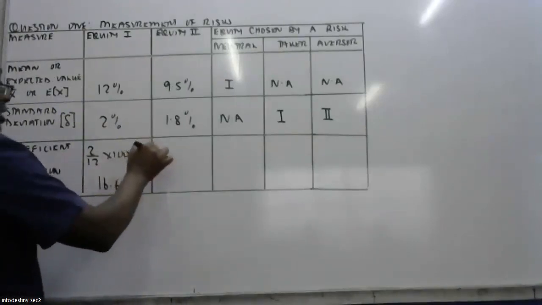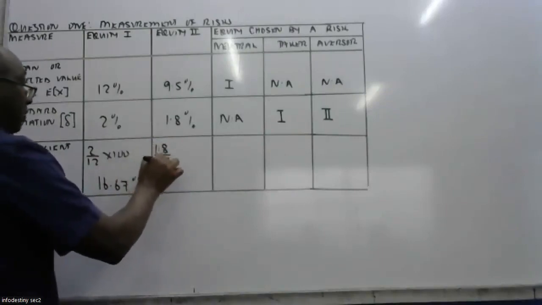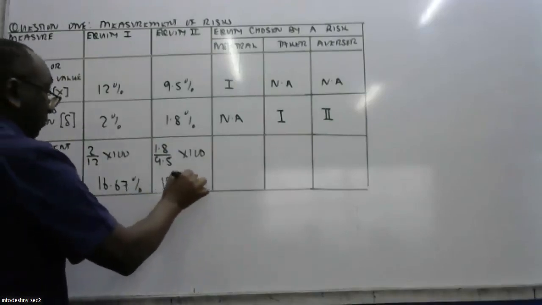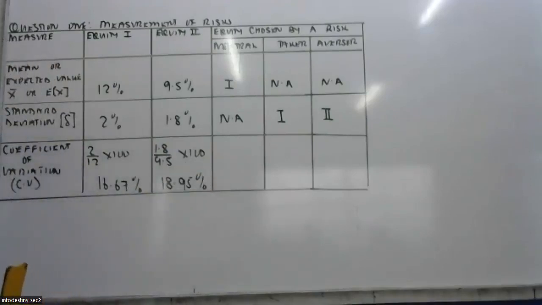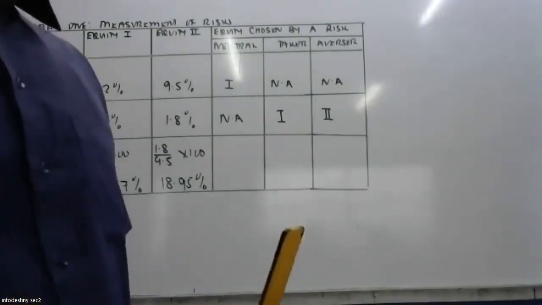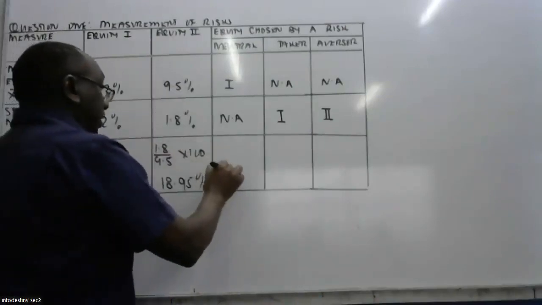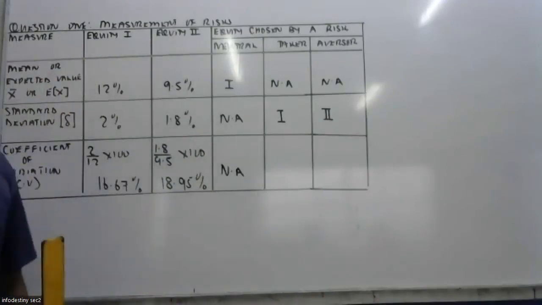You do the same thing here: 1.8 divided by 9.5 times 100 gives 18.95%. Now, as usual, we have said the risk neutral guy does not consider risk, so that is not applicable.